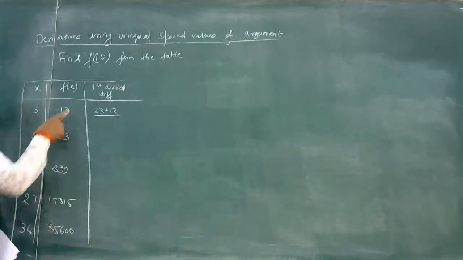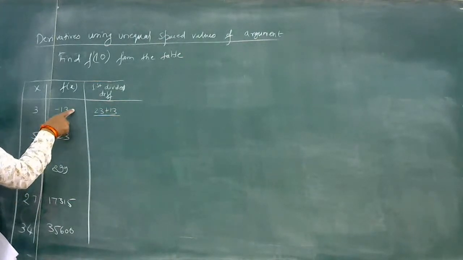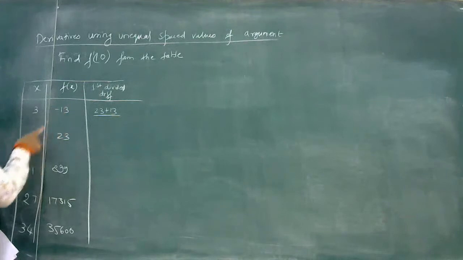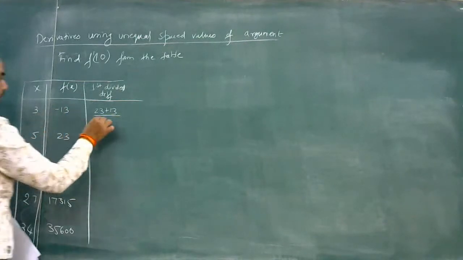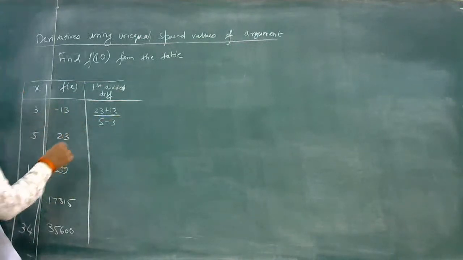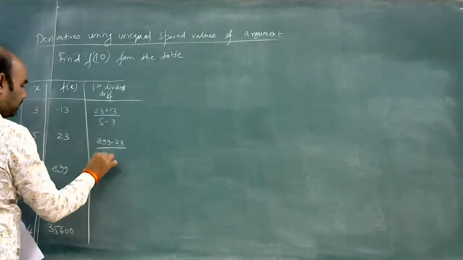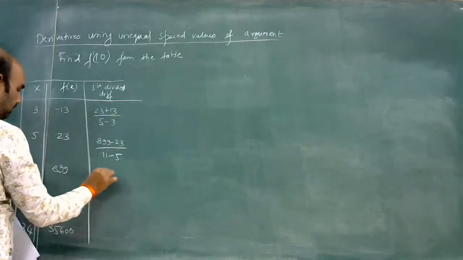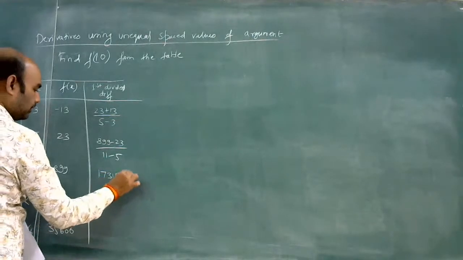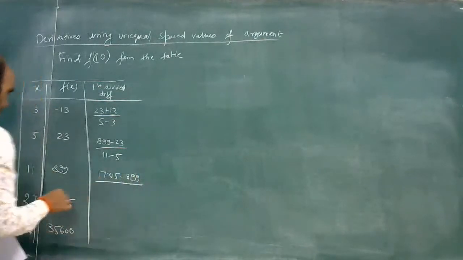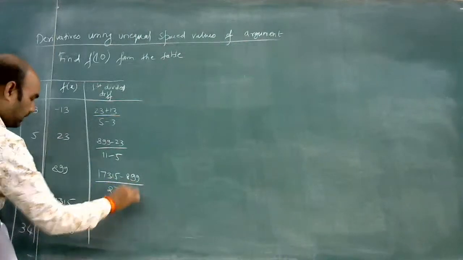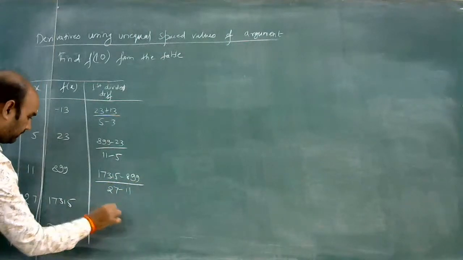This is y1 minus y naught divided by x1 minus x naught. So this is the divided difference. 89 minus 23 divided by 7 minus 5, and 7. I hope you remember this. 27 minus 11.